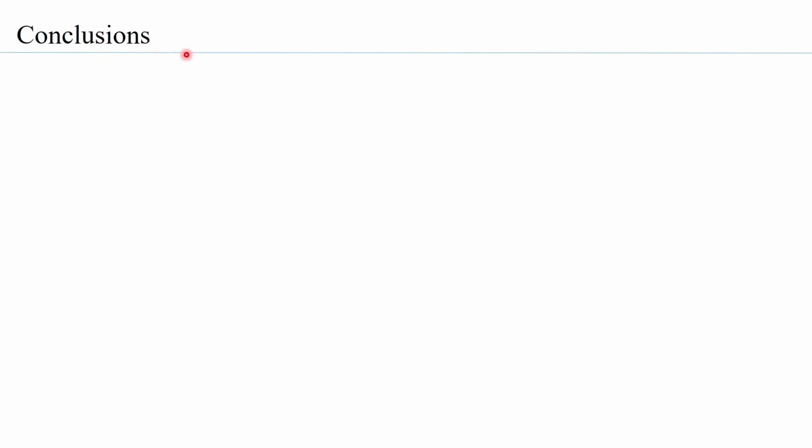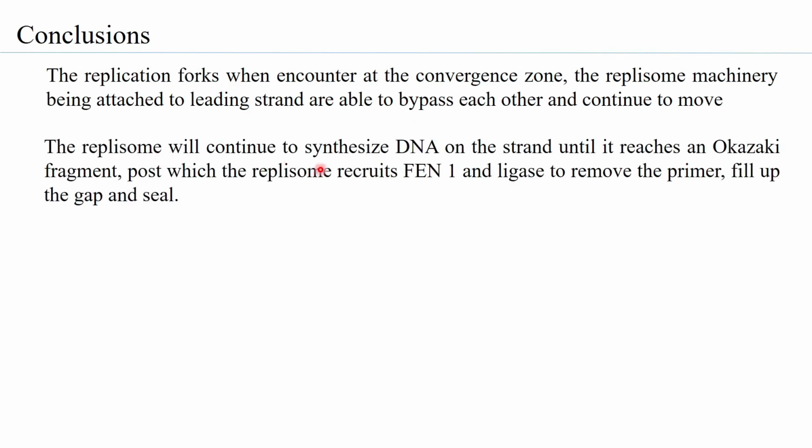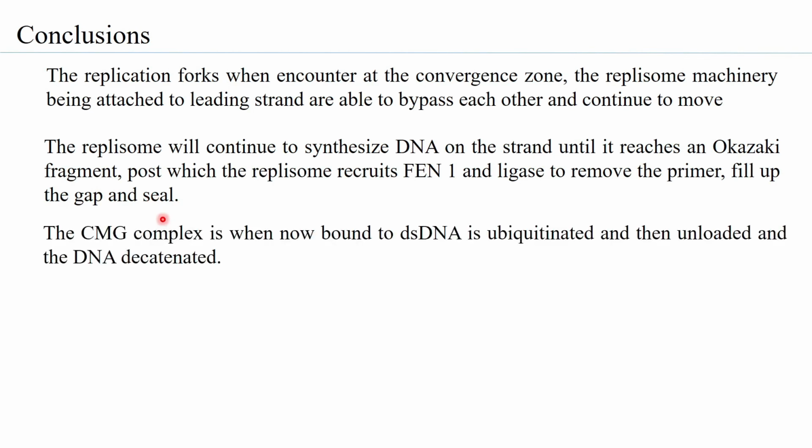So the conclusions that we make from this session therefore is that the replication forks, when they encounter each other at the convergence zone, the replisome machinery being attached to the leading strand are able to bypass each other and continue to move. The replisome will continue to synthesize DNA on the strand until it reaches an Okazaki fragment, post which the replisome recruits FEN1 and ligase to remove the primer and fill up the gap and seal it.